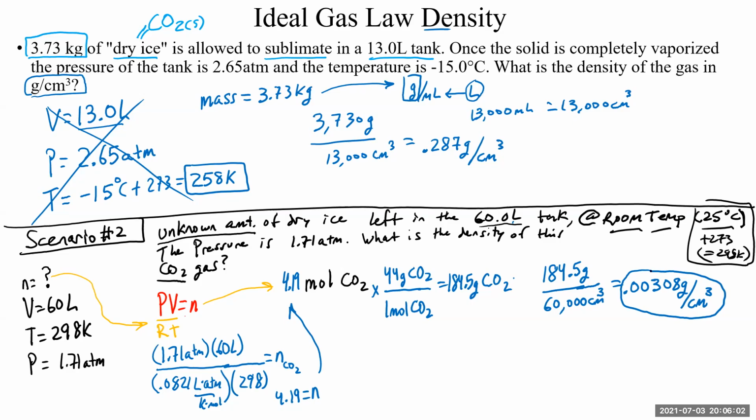What we basically did is we took P times V divided by RT, that gets us n. We took that, multiplied it by the molar mass, and we divided that number by V.